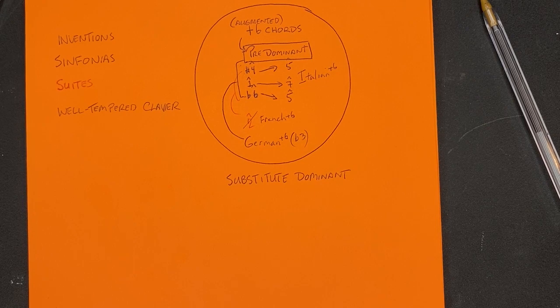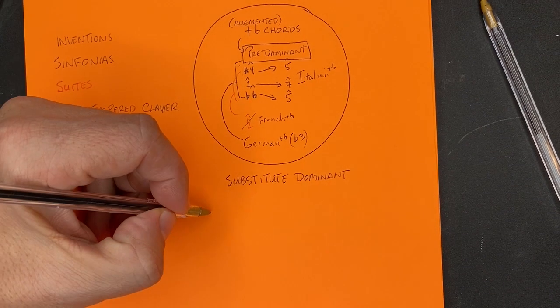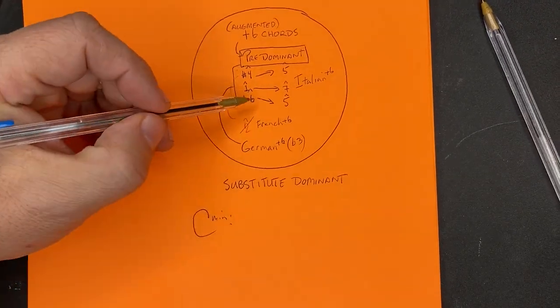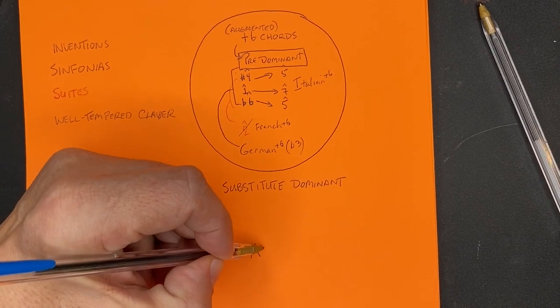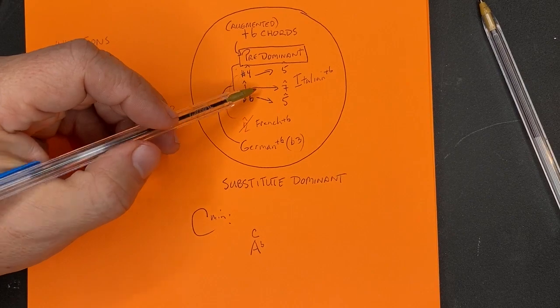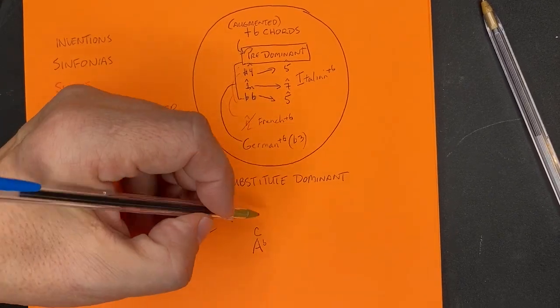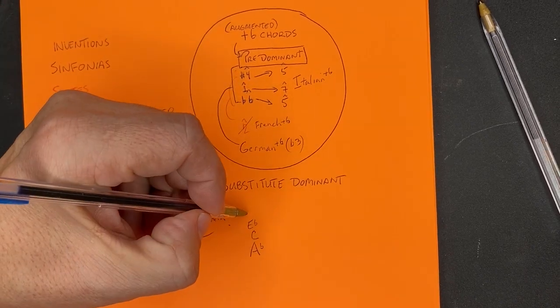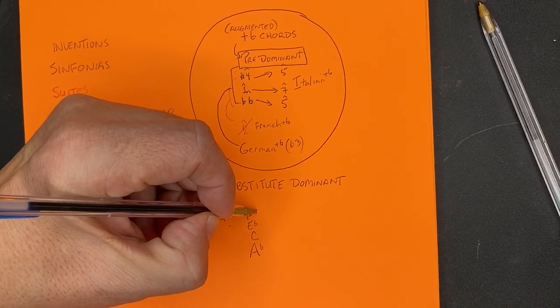So first off, I just want to spell you a German chord for a minute. Again, if we're in the key of C minor, okay, then flat 6 is A flat, 1 is C, and flat 3, to make it German, is E flat, and then sharp 4 is going to be F sharp, right there.